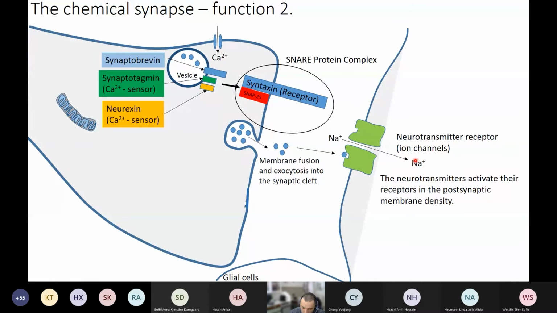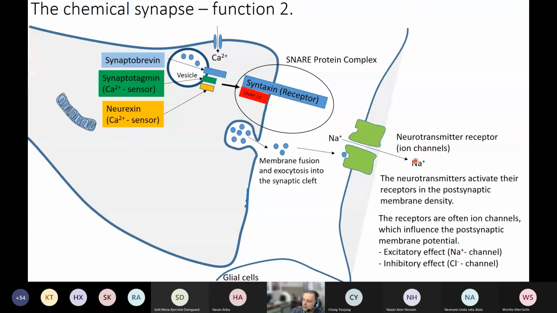This will change the membrane potential, and then it may activate the cell. In this example, we have an excitatory effect. However, if other kinds of ion channels are activated, an inhibitory effect may take place, but I will come back to this point later. And now you see that this neurotransmitter is bound to the receptor.